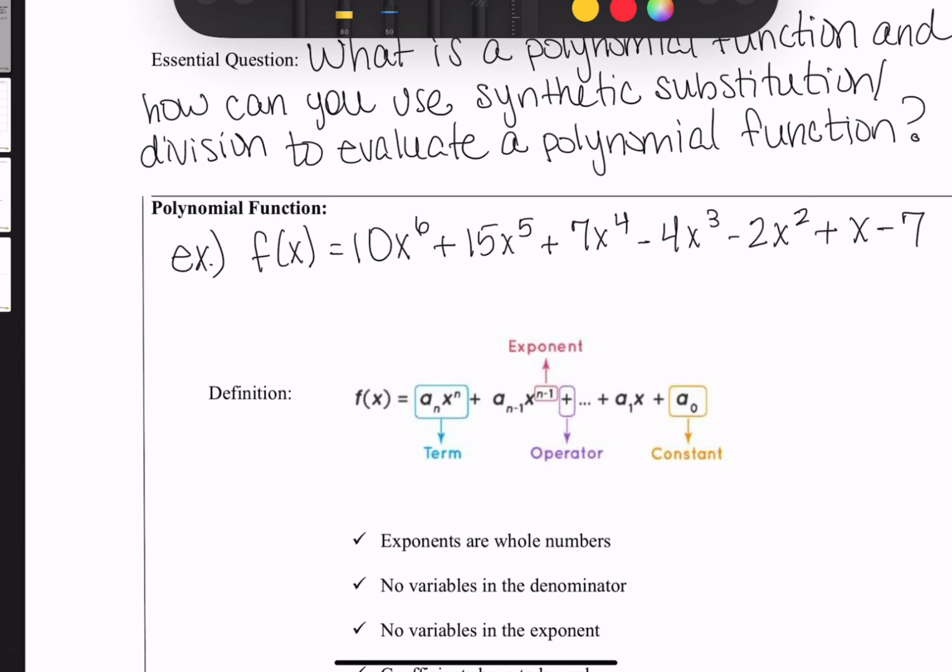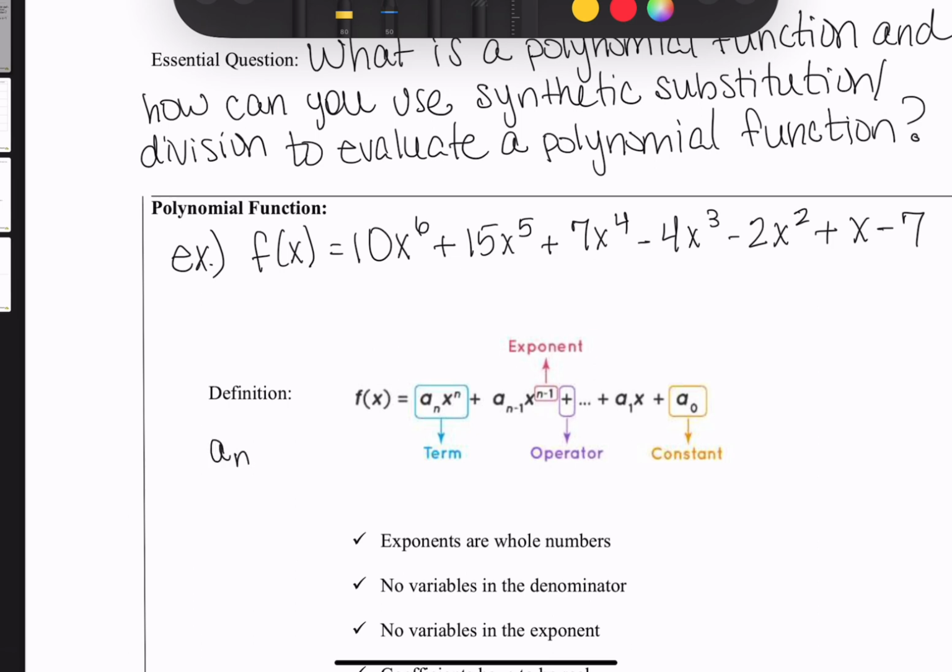So down here you can see the definition of a polynomial function, and they wrote it as f of x equals, and for them, they've got 4 terms total. Now this first term is going to be your leading term, where this leading term has a coefficient a sub n.